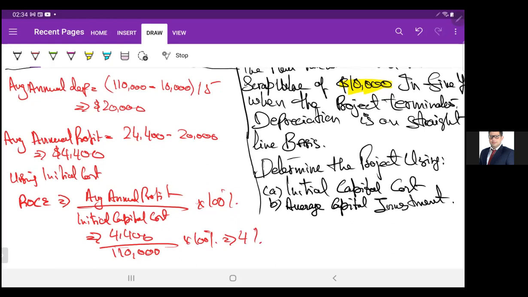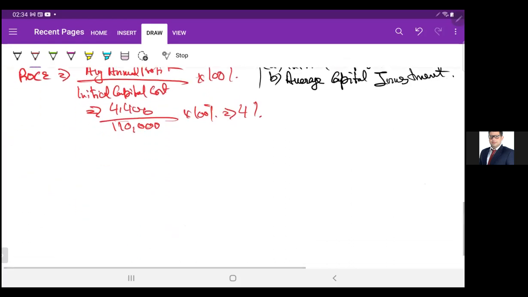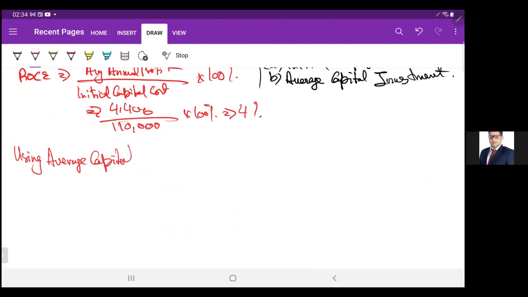Now, if we have to compute it using average capital investment, let me show you. Average annual profit is the same as before, 4,400.